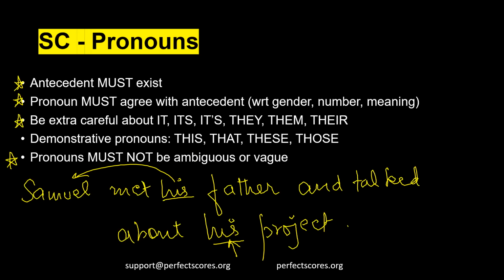That means it's very ambiguous or vague, which means the sentence is wrong. So you need to either mention Samuel's project or his father's project again. Any pronoun that is not very clearly identifying which noun it refers to is going to be wrong, and this is one of the most common errors that you're going to find for pronouns.